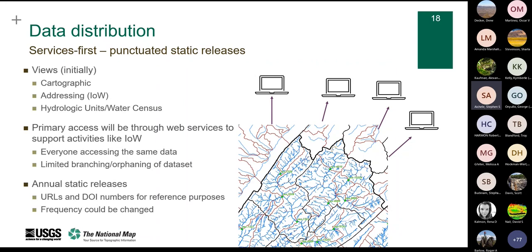Simplifying the data model, simplifying the database allows that to work. And then going forward, we will have annual static releases, particularly for science purposes. People need to be able to reference a particular version, a particular release of the data.